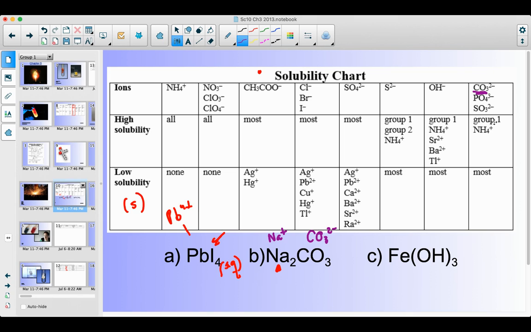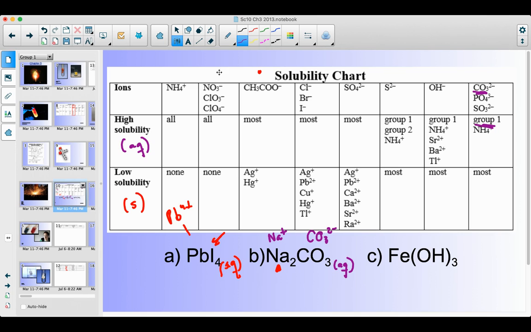It actually ends up falling in group 1, and this is just a little reminder of our periodic table. Group 1 is our first column, so sodium is in our first column. So that means that this is high solubility, and that means it's an aqueous state. So I would write my compound aq.